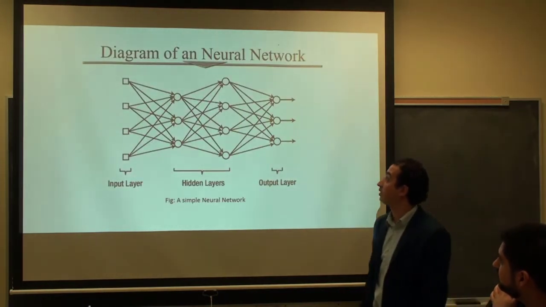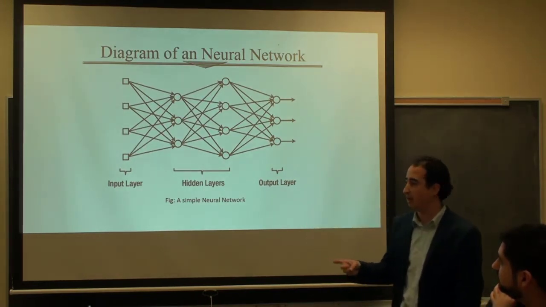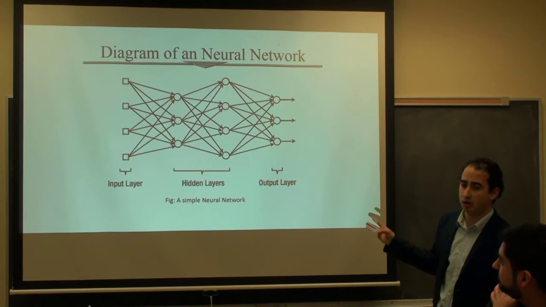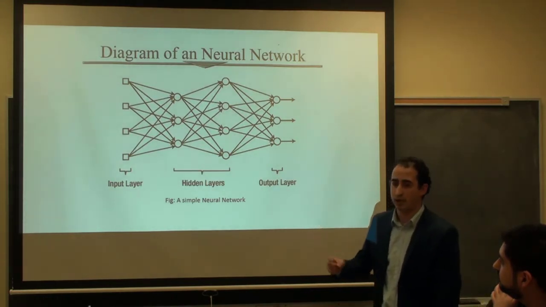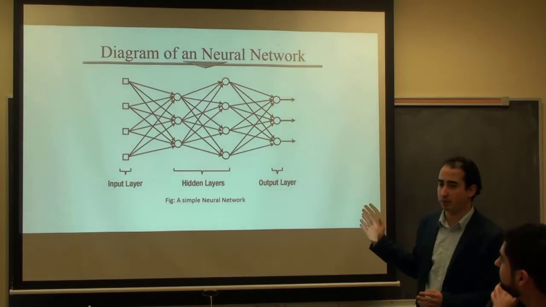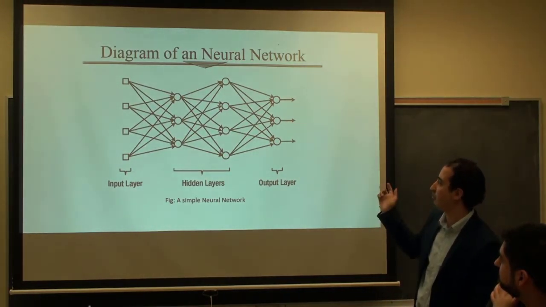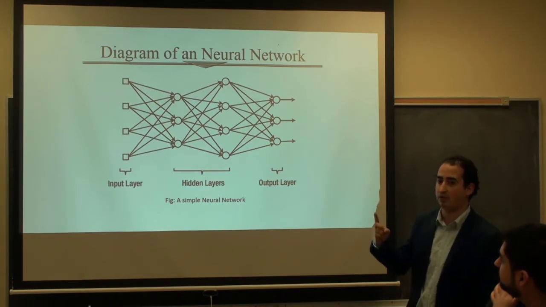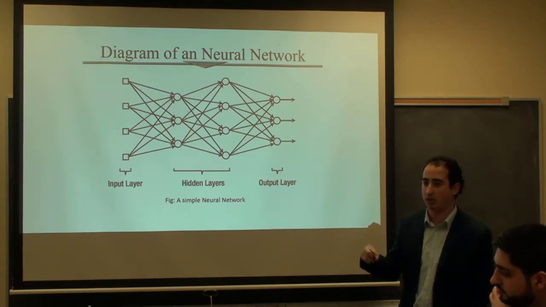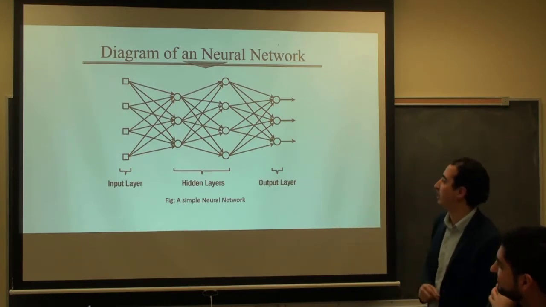So here is a global diagram of a neural network. As we see, we have an input layer, hidden layer, and output layer. The input layer can have multiple inputs. The hidden layer can have multiple hidden layers and multiple nodes, and the output can have multiple nodes. If it has one hidden layer, we call it shallow, and if it has multiple hidden layers, we call it multiple layers.